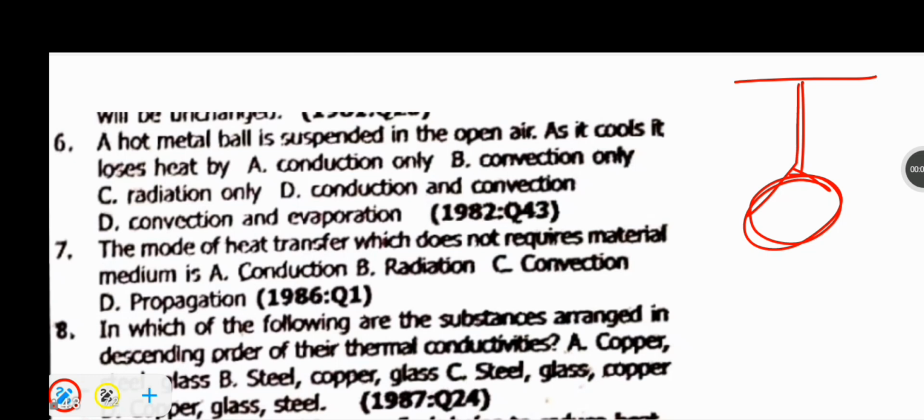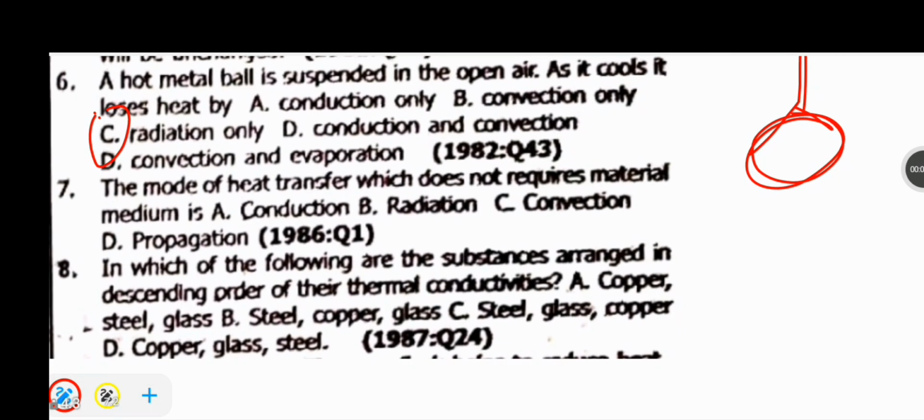So the only way it can lose heat is not by conduction, but by a method that involves no material medium. That's radiation. You cannot lose it by conduction or convection because it's not in contact with any solid. It's just suspended in the air. So the only logical answer there is radiation only. That's the only way it can lose heat. So the answer is option C.